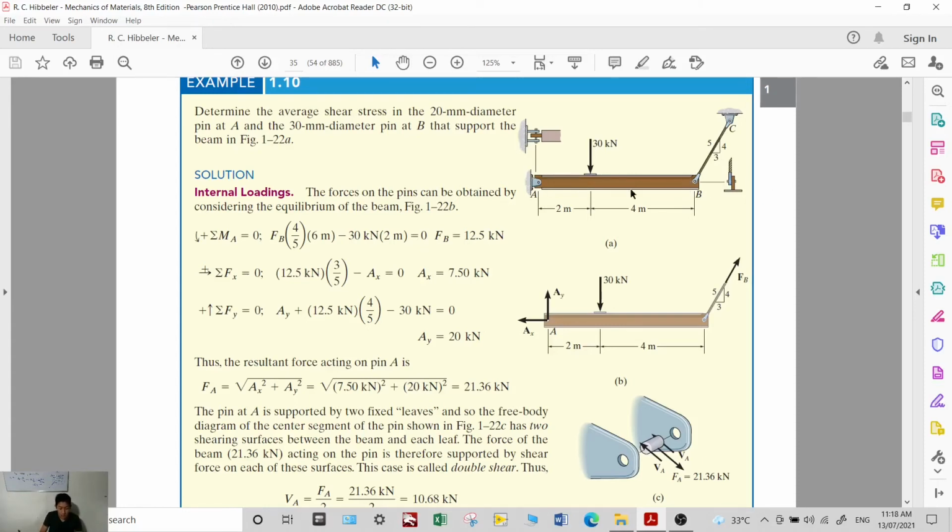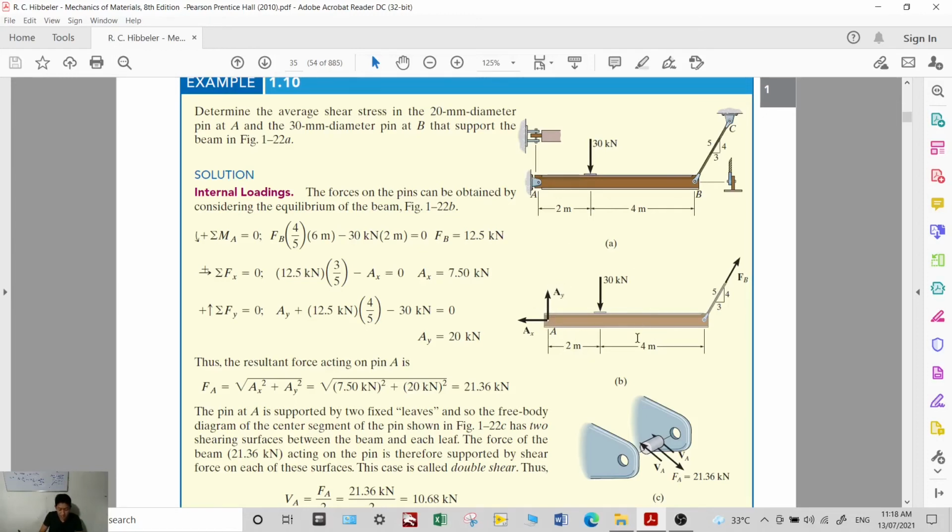So first, what we will do is draw the free body diagram. You have this load of 30 kilonewton, and then you have FB, the support of your cable, and then you have two forces, horizontal and vertical, for A: AX and AY.